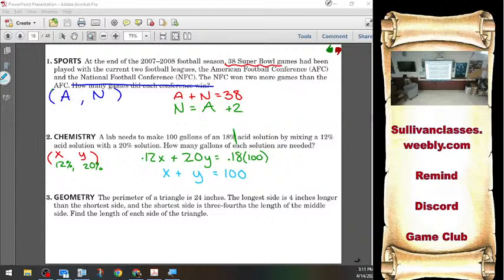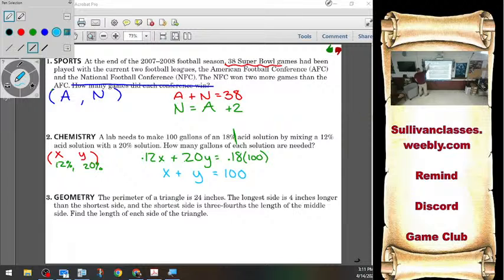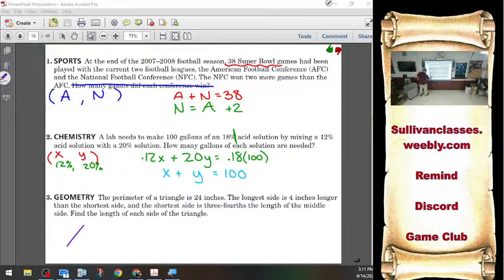The perimeter one, Grace, you were working on that one. If I got a triangle, I know that I've got the shortest side, the middle side, and the longest side. What do I do to them to make a perimeter? Add them all up. So I know perimeter is small plus medium plus large.